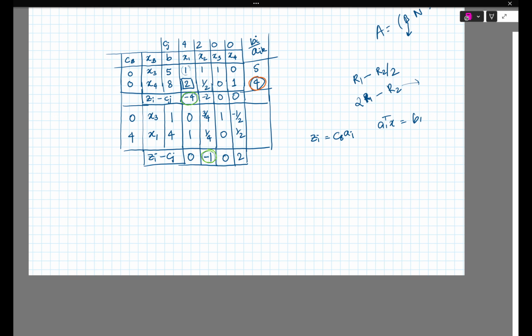I need to find the leaving basic variable from x3 and x1. To do that I need to compute this value, which is b i, 1 divided by 3 by 4, which is 4 by 3.